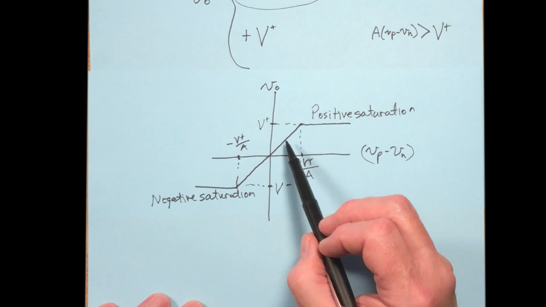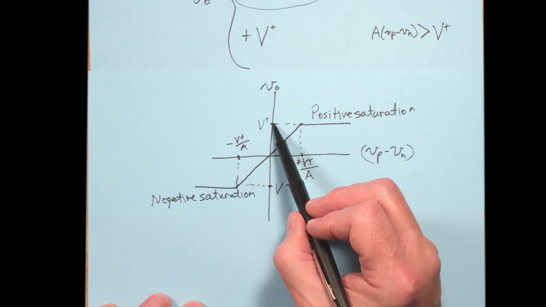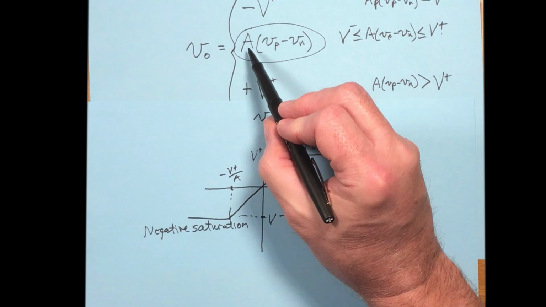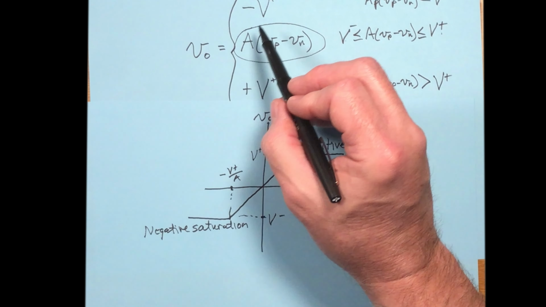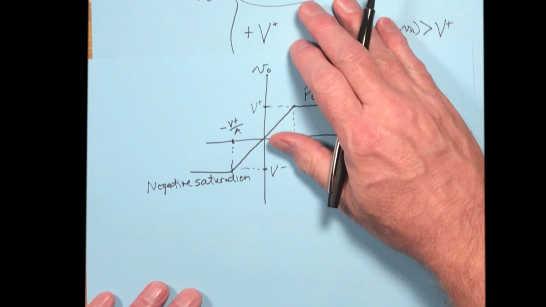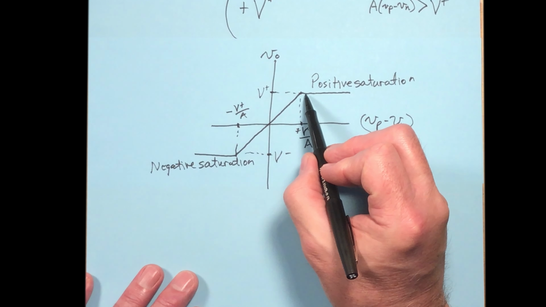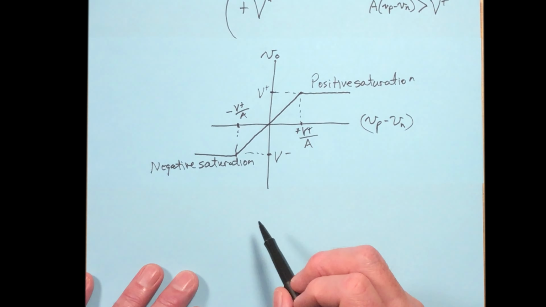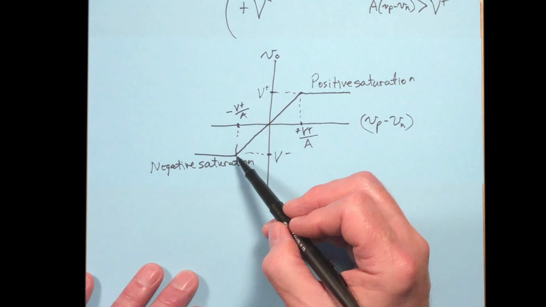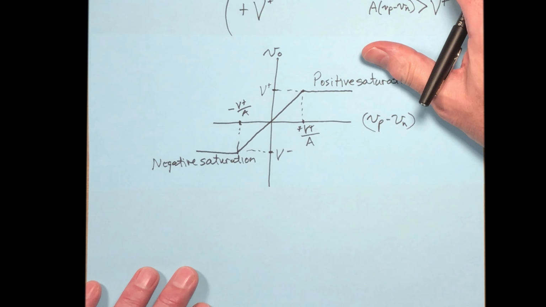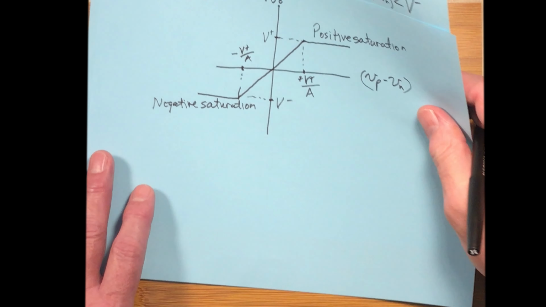If your output should be more than V plus according to this equation right here, if you computed it and it turned out that the output's supposed to be more than V plus, then you never get out more than V plus. You just get out the positive saturation value of V plus. And vice versa, if it's less, you get out the negative saturation value for V minus. In other words, you cannot get out of an operational amplifier more than you put in.